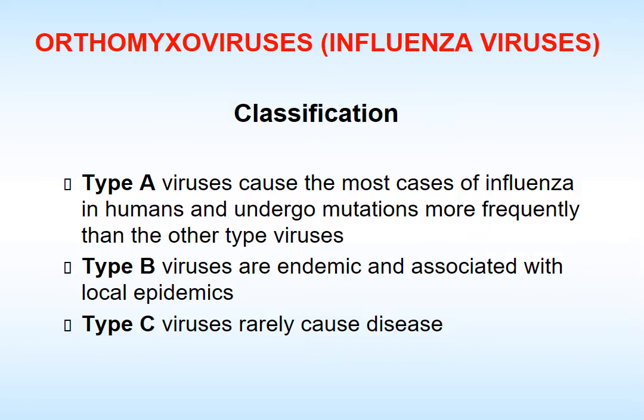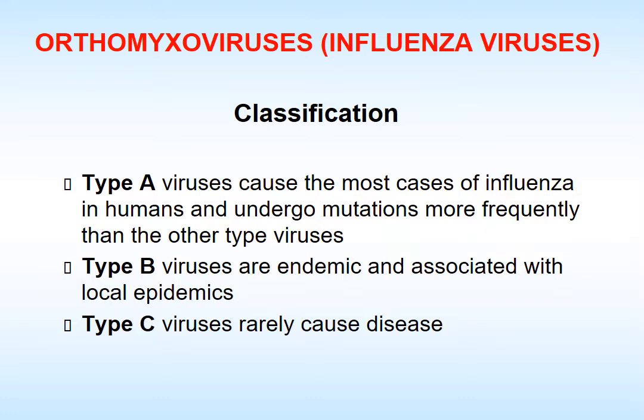Classification of influenza virus. There are 3 types: A, B, and C, but the most medically and epidemiologically important is type A, because type A viruses cause the most cases of influenza in humans and undergo mutations because of a biological feature, and more frequently than other types can lead to epidemics and pandemics.